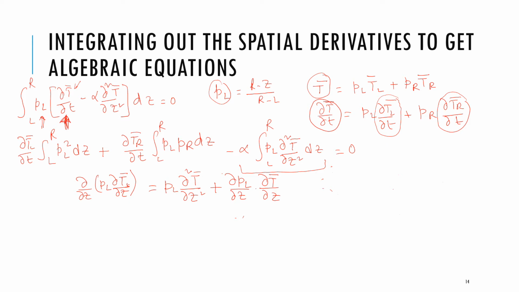Okay, and so if I bring this term that I need to the left hand side, PL ∂²T̄/∂Z² is equal to ∂/∂Z of (PL ∂T̄/∂Z) minus ∂PL/∂Z times ∂T̄/∂Z.